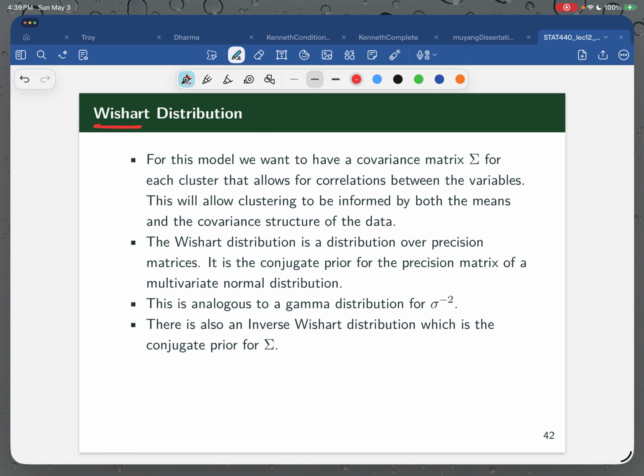When we had a normal distribution and we put a prior on sigma squared, we used the inverse gamma. Or if we wanted to put a prior on sigma to the -2, we used a gamma distribution. The Wishart distribution is going to be our prior distribution on our covariance matrix.